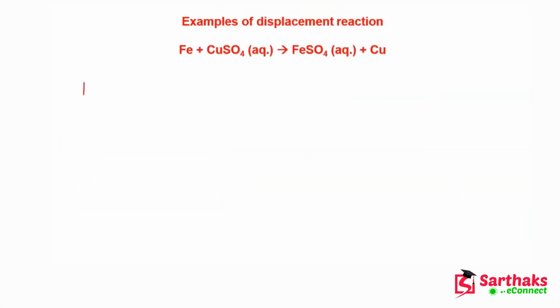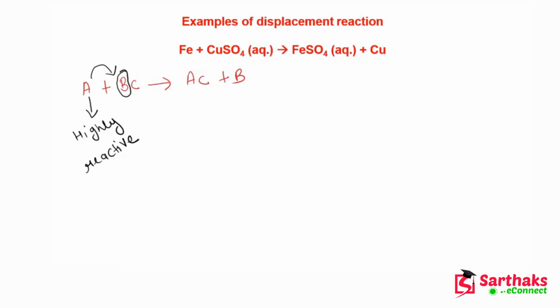So basically guys, this is A + BC → AC + B. Here in this reaction, this A is highly reactive, or you can say it is more reactive than this element B. So that's why it will replace this B from its compound and AC will form.